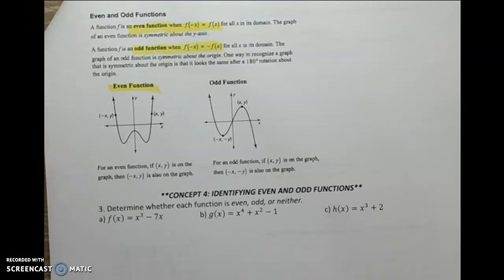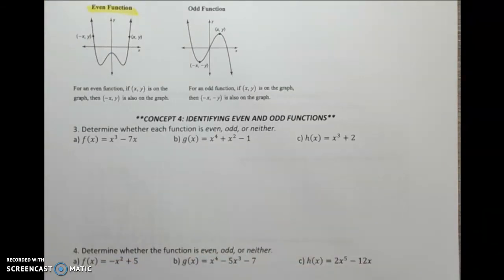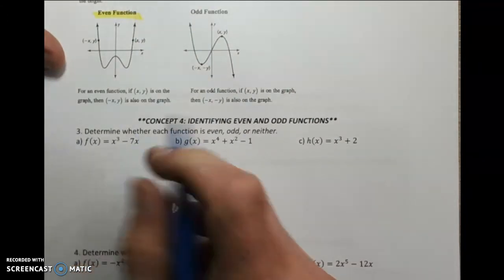But what we're going to do is basically just use concept number 4, identifying the odd or even function. Determine whether the function is odd or even just by doing f of the opposite of x. What I mean is this. So, for a, I have f of x equals x cubed minus 7x.